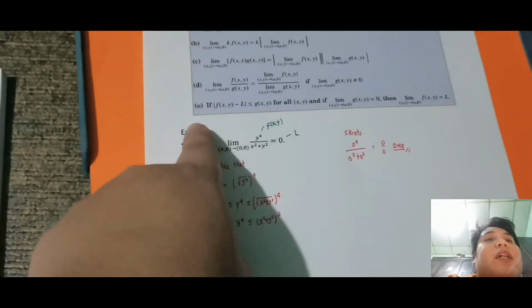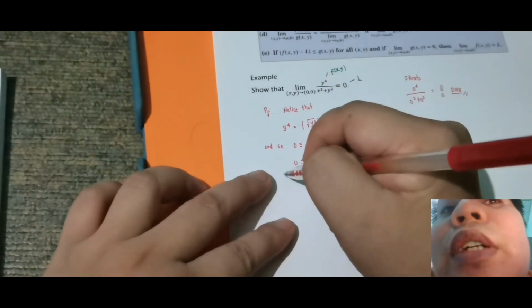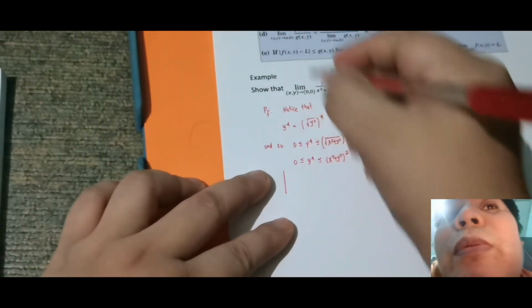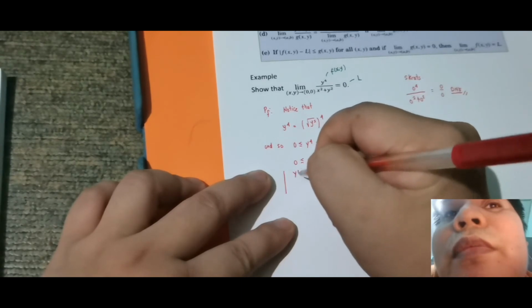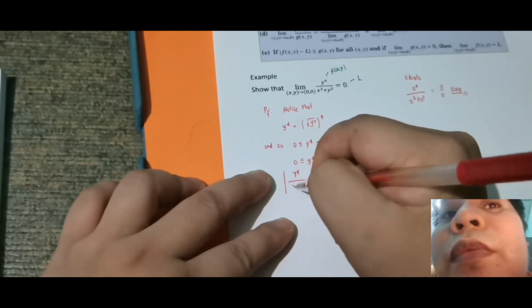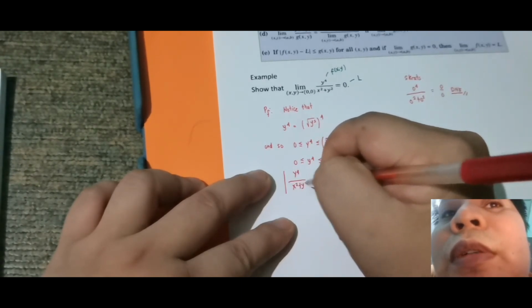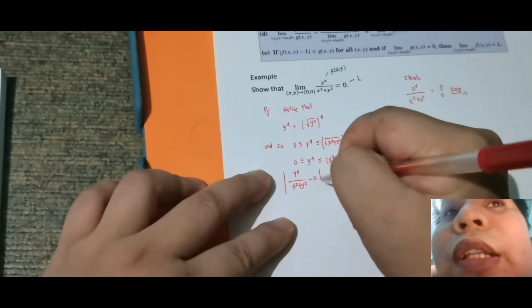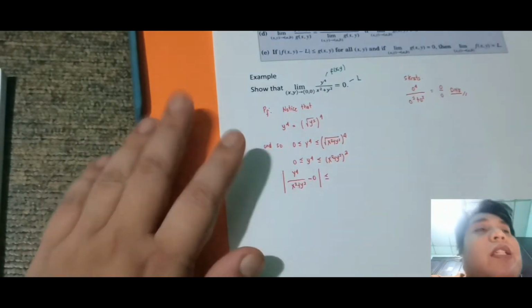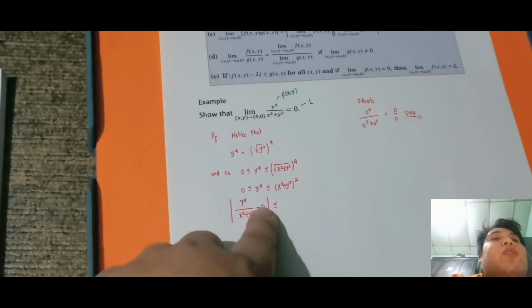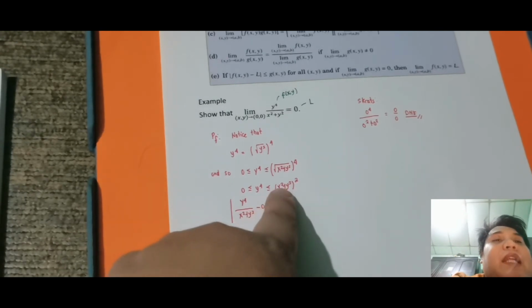So ang goal kasi is, if the absolute value of f of x, y minus L, yun na yung lalagay natin. So the absolute value of y to the fourth over x squared plus y squared minus 0, kasi ito yung L, is less than or equal sa g of x, y. Yung g of x, y ko is something galing lang dito.